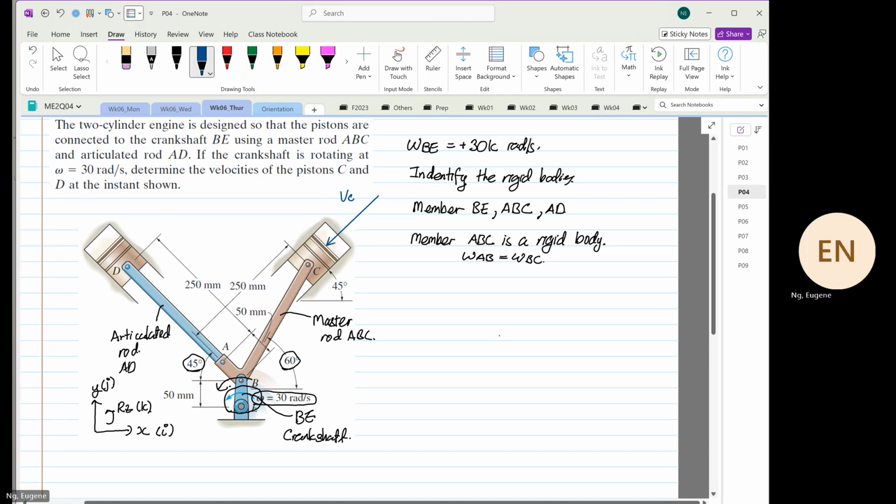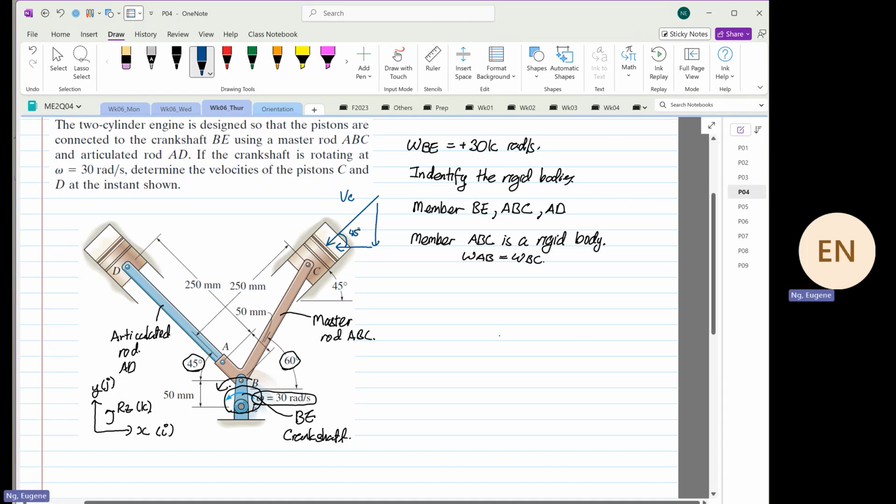So knowing that that is our VC, we know that we have two components over here. We are given that this is 45 degrees.